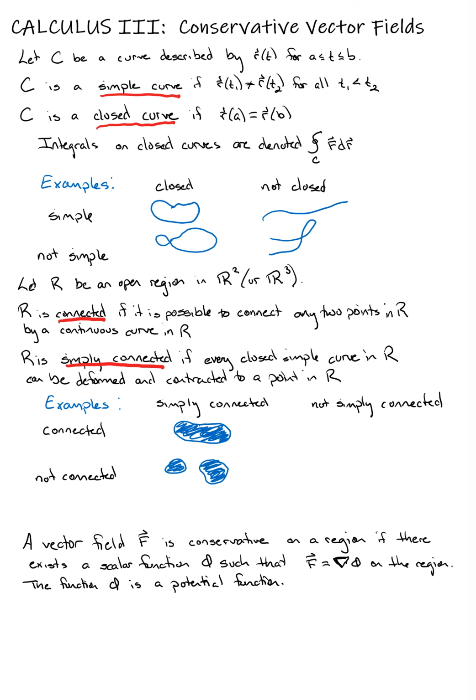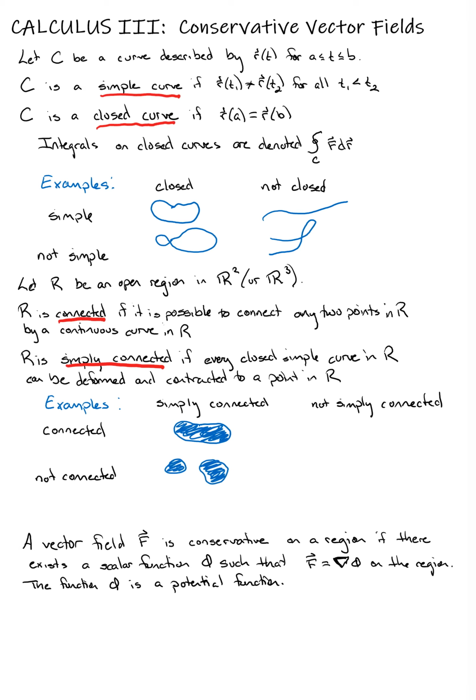In fact, in this case, it would be 2 points. I can contract each blob down to a single point, and that point is still in R. However, I can't connect all of the points. If I have a point here and a point there, I cannot connect them. So it's not connected, but we would still say that it is simply connected because I can deform it, contract it down to a single point, and that point still remains in R.